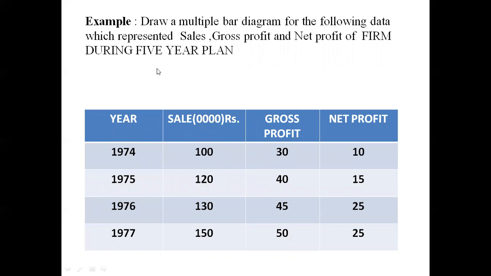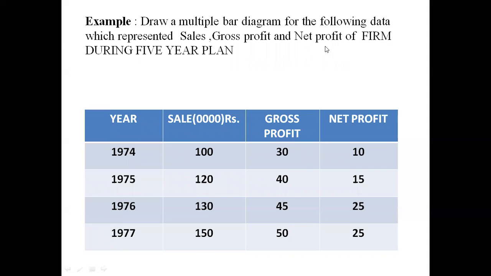Next, come to how we are going to draw these multiple bar diagrams using plain paper or maybe graph paper also. Draw a multiple bar diagram for the following data which represent sales, gross profit, net profit of a firm during the 5 years plan.